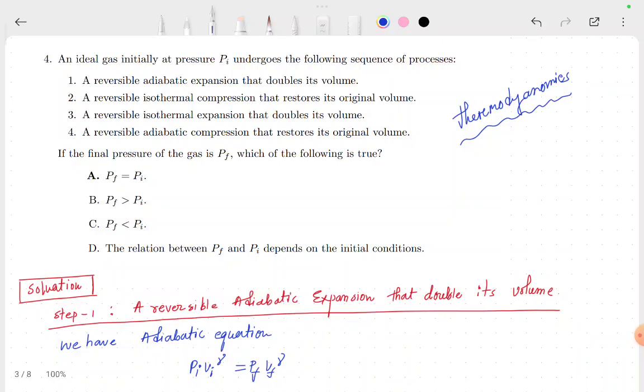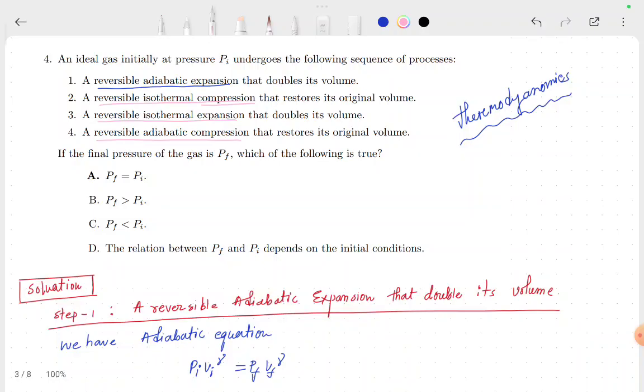An ideal gas initially at pressure Pi undergoes the following sequence of processes: reversible adiabatic expansion, reversible isothermal compression, reversible adiabatic... reversible isothermal expansion, and reversible adiabatic compression. So mainly the sequence is: reversible adiabatic expansion, reversible isothermal compression.